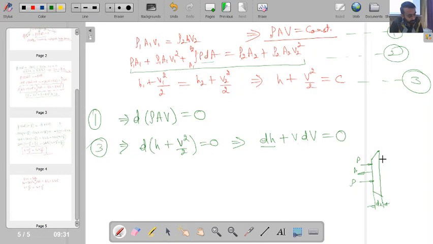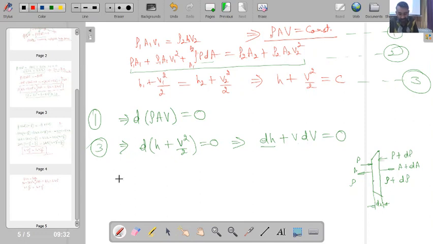So on the other side say I have pressure P plus dP, area A plus dA, and density say rho plus d rho. This I can write.